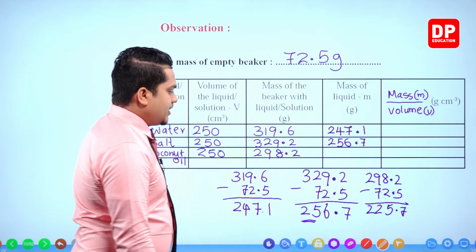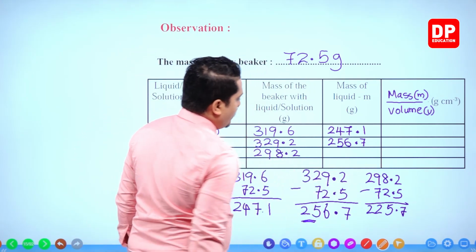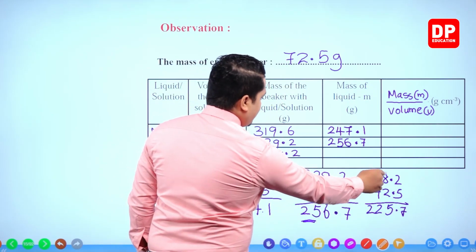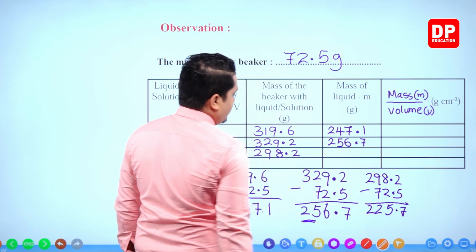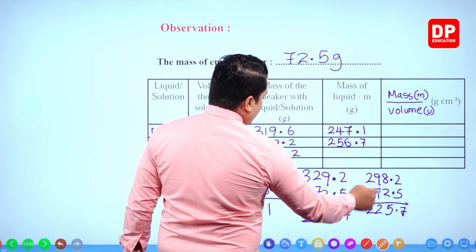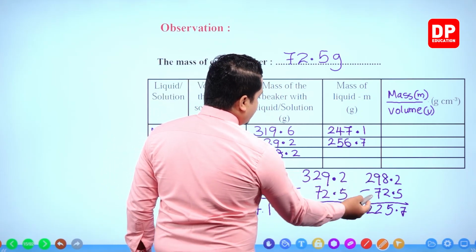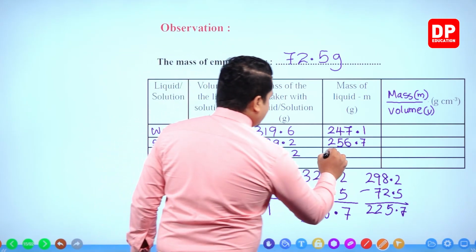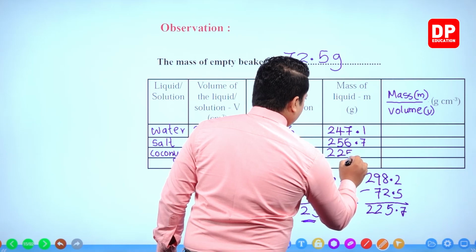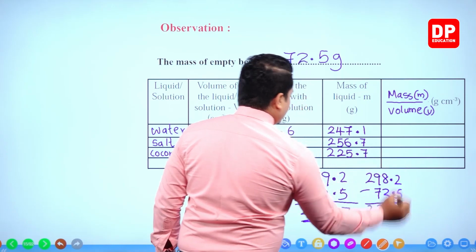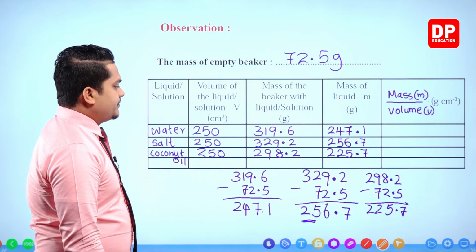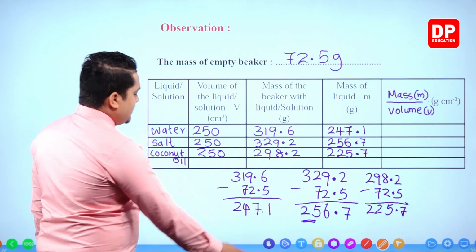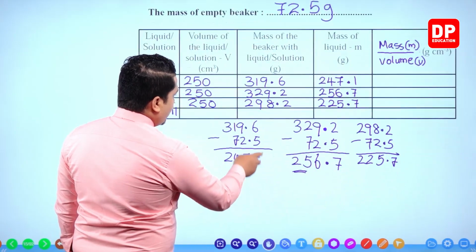Once again, we'll recheck. 12 minus 5 is 7, 7 minus 2 is 5, then 22 because 29 minus 7. So 225.7 is the answer. Now it's time to get the mass upon volume ratio.